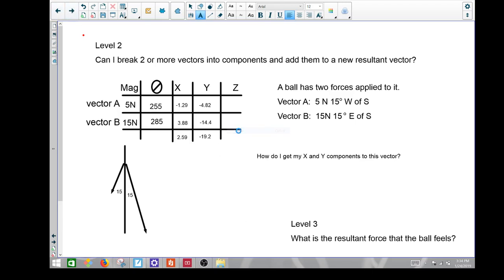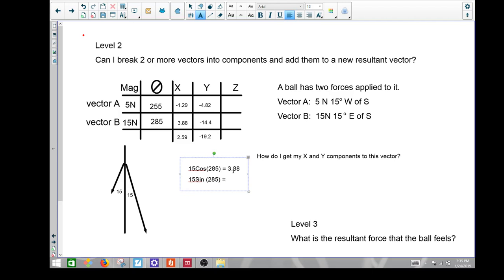Well, what I do is I plug in for, let's say, vector B, the 15 times the cosine of the angle, and that equals, in this case, 3.88. And then for the y component, it's going to be 15 times the sine. This is just a shortcut SOHCAHTOA.